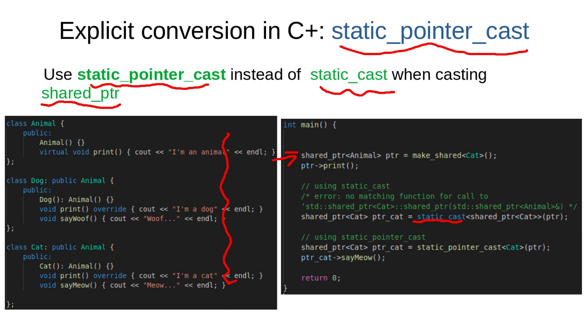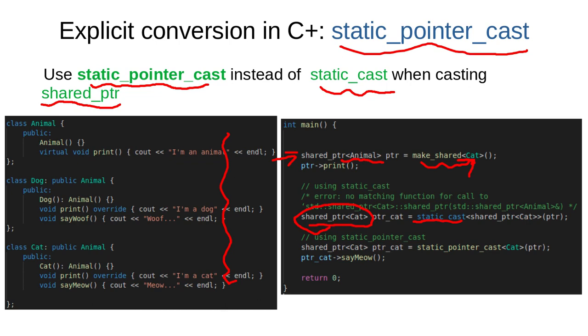If I'm trying to cast a shared pointer of animal parent, even though it points to a cat object, to a shared pointer of cat, this will not compile.